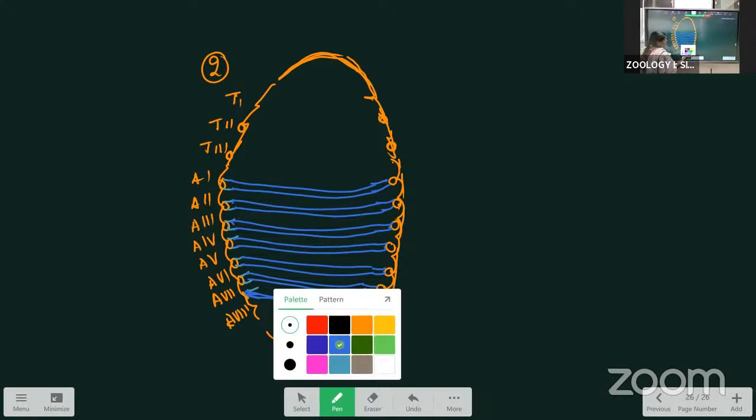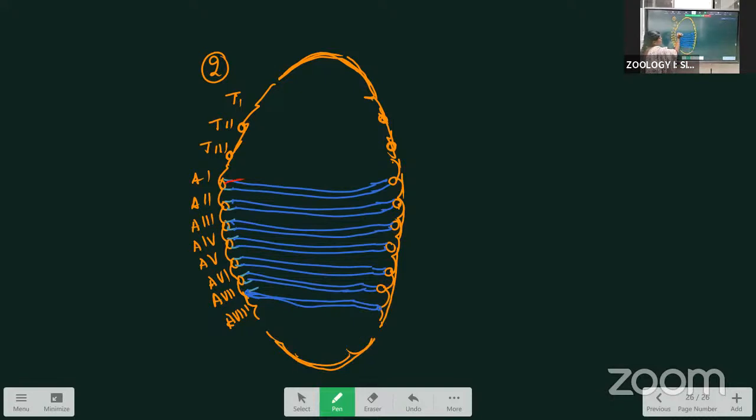Next, like this only. Change the color. You join to those spiracles only. This is the easy method to draw the diagram.